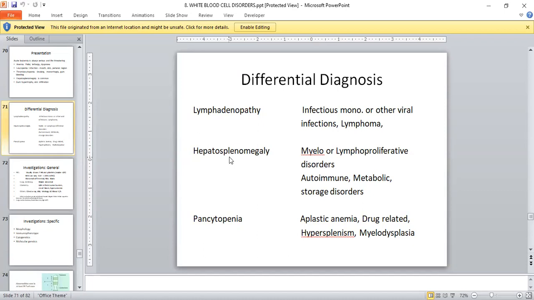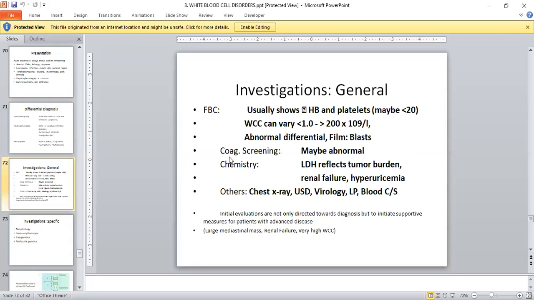So you just have to really do your homework when it comes to this one, where your homework involves your investigations. Full blood count will usually show hemoglobin and platelets below 20.